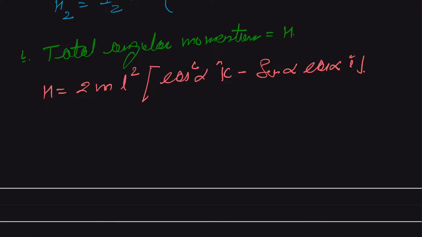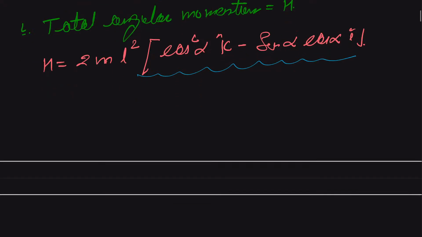We can just solve this part because we are only interested in the magnitude. Let us call this h prime, then we can later on substitute it.